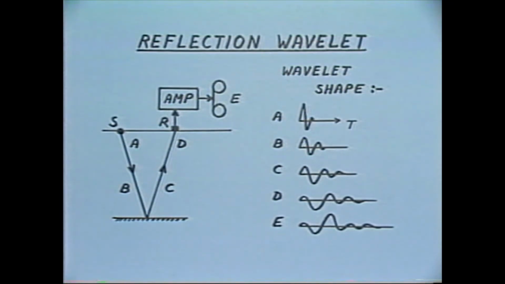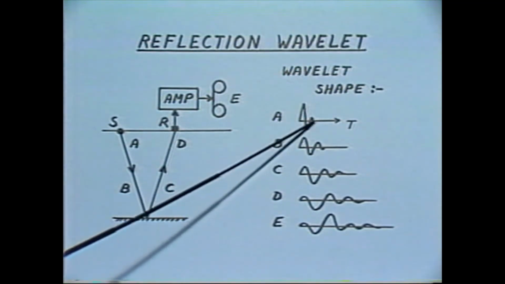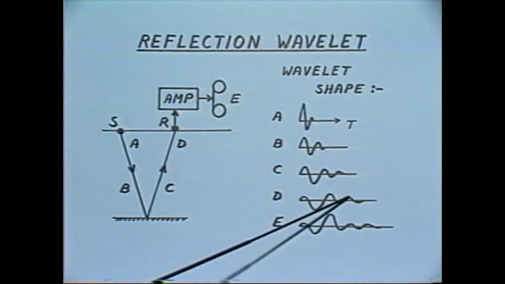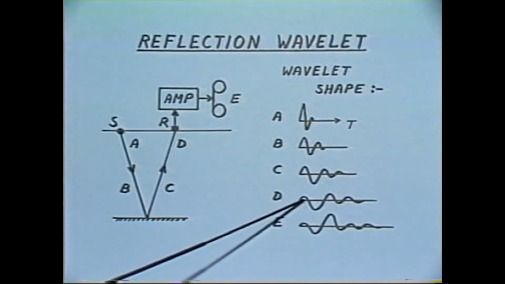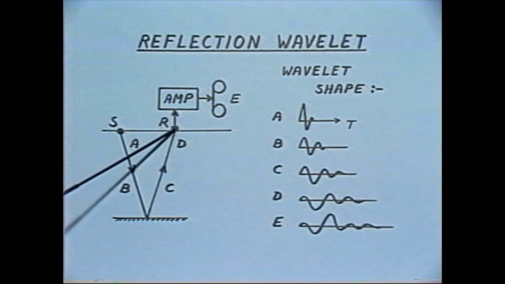Now, as that waveform travels through the Earth, it tends to increase in length. And if we look at a particular reflection travel path and look at the shape of the seismic waveform at several points along that path, we'd see that even though it starts out as a fairly short, sharp impulse, it gradually lengthens as it travels through the Earth, so that it may be in this state when it arrives back at the receiver.